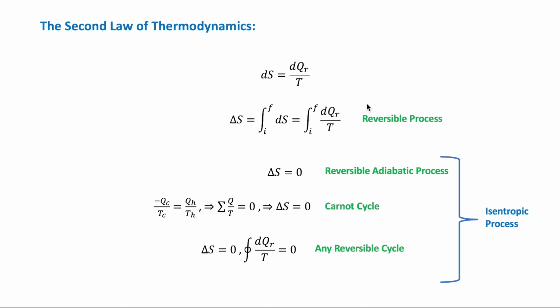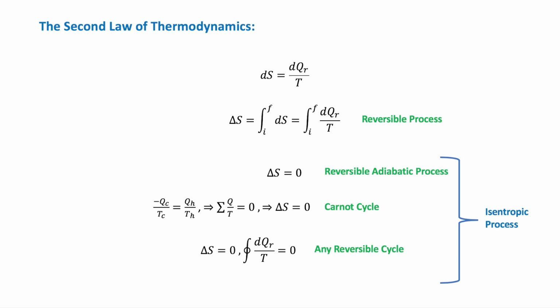So the above equation here applies only for a reversible process. That is why we use the subscript R for dQ, referring to a reversible process. As you can see here, if energy is absorbed by the system, then dQr is positive and the entropy will increase.